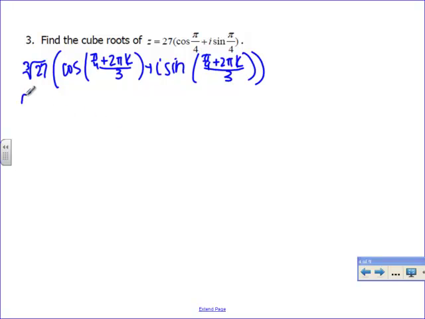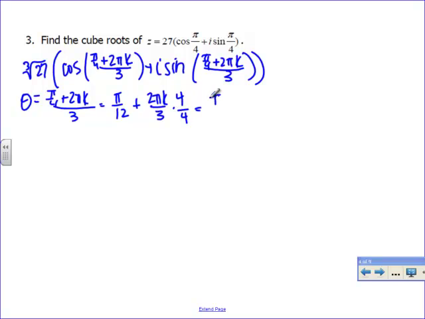Start off by solving for your theta, pi over 4 plus 2 pi k all over 3. If you flip and multiply, you're going to get pi over 12 plus 2 pi k over 3. Get a common denominator. It's going to get me pi over 12 plus 8 pi k all over 3.